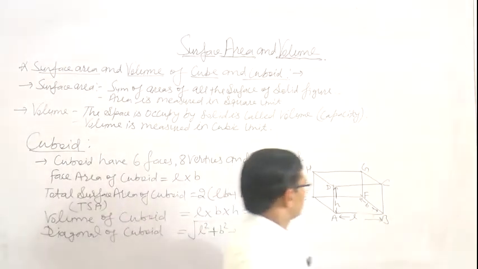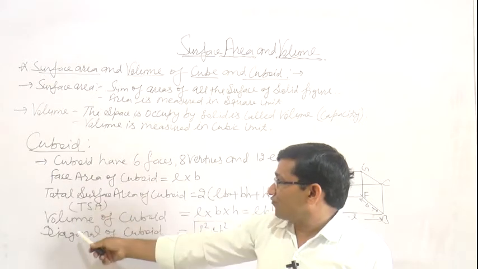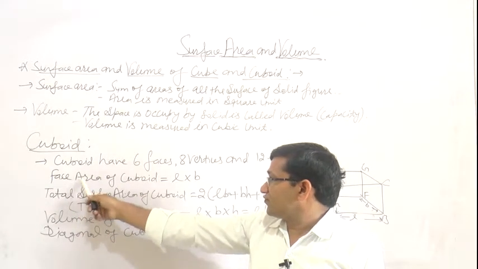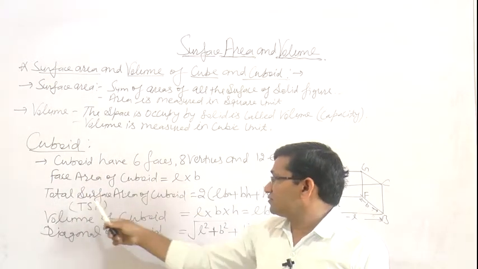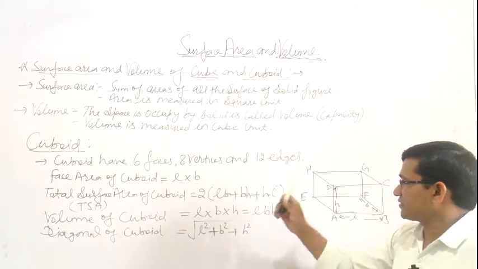So these are the 4 formulae related to cuboid. Face area of cuboid, length into breadth. Total surface area, TSA, is 2 into LB plus BH plus HL.